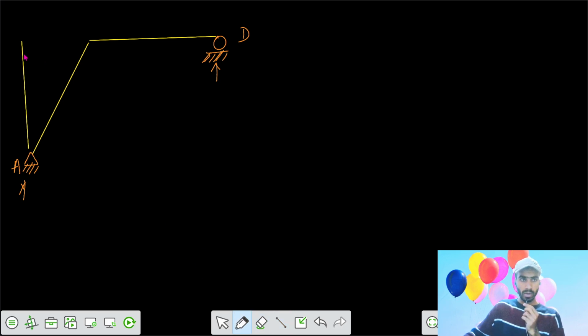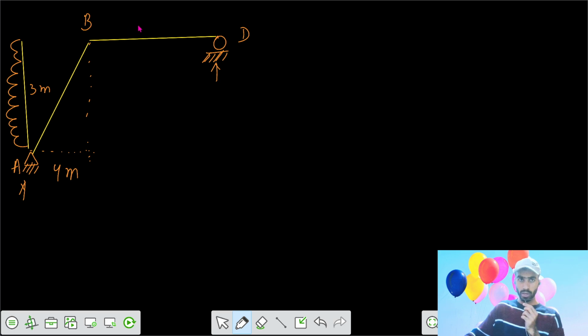You got a uniformly distributed load, but your member is inclined. Your member AB is inclined, so the length along the horizontal is 4 meter and height is 3 meter.